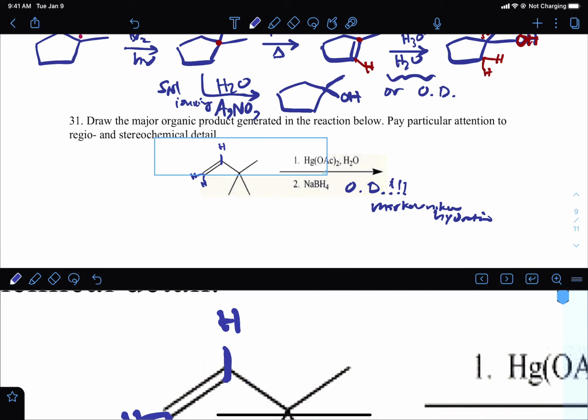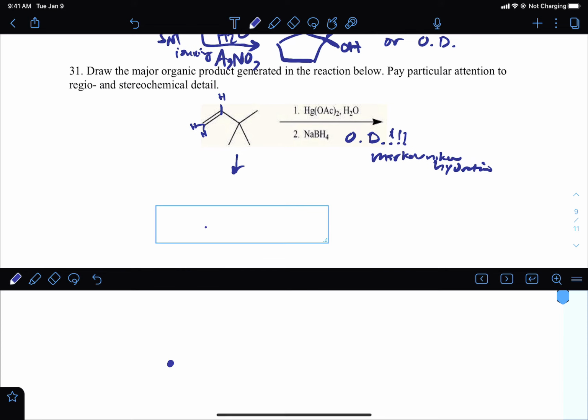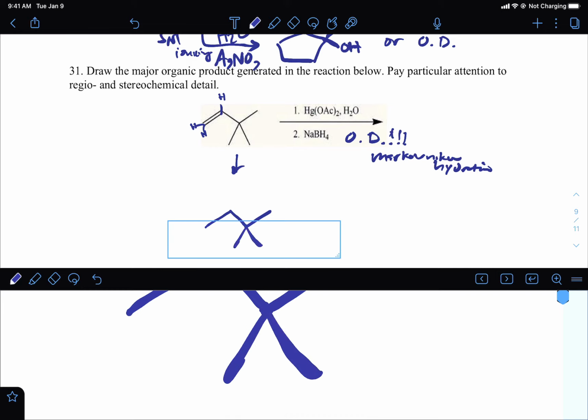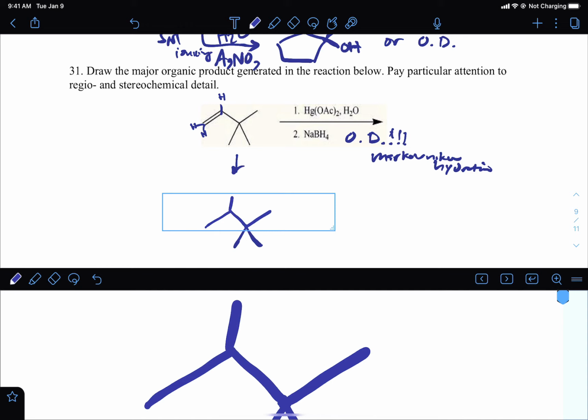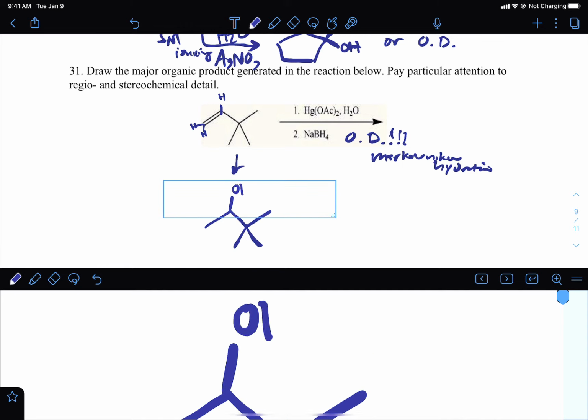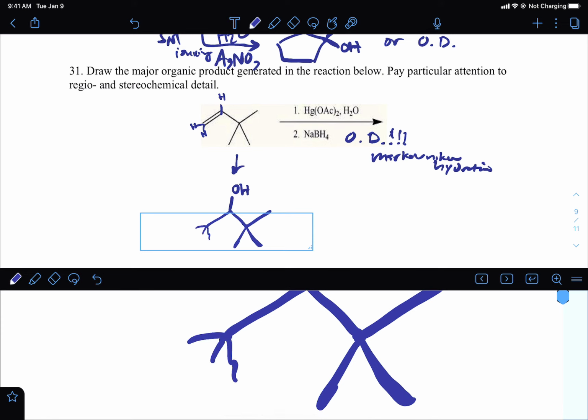And so if we apply the pattern, we'll put the OH here and the H there. That is it. Okay. That is your product.